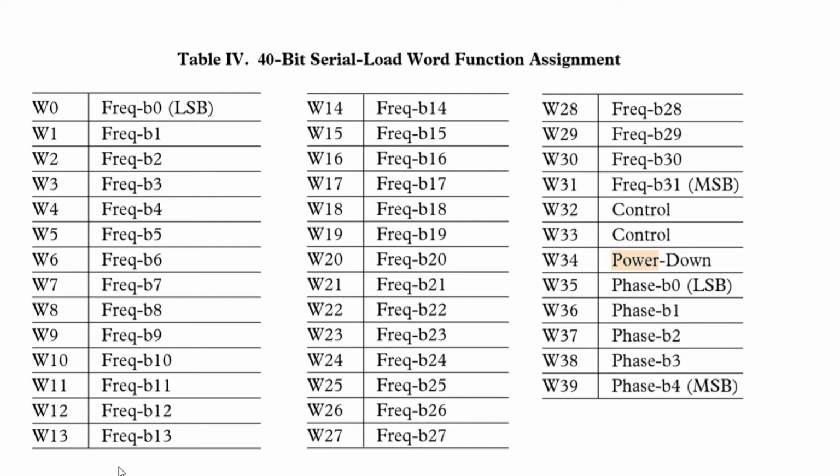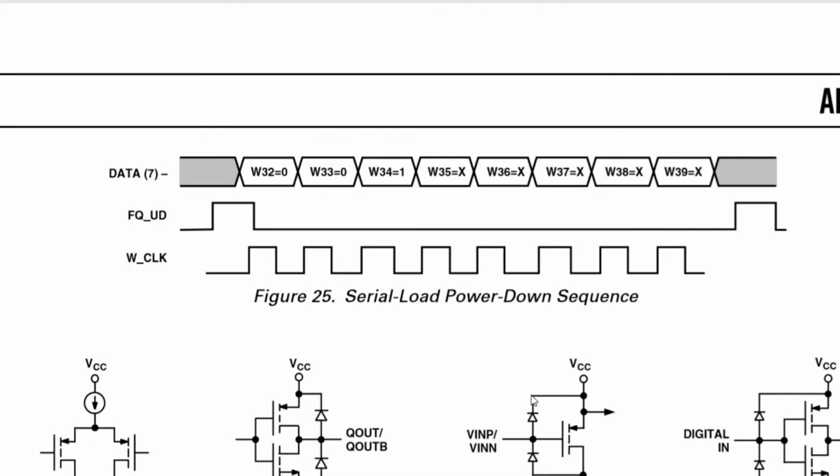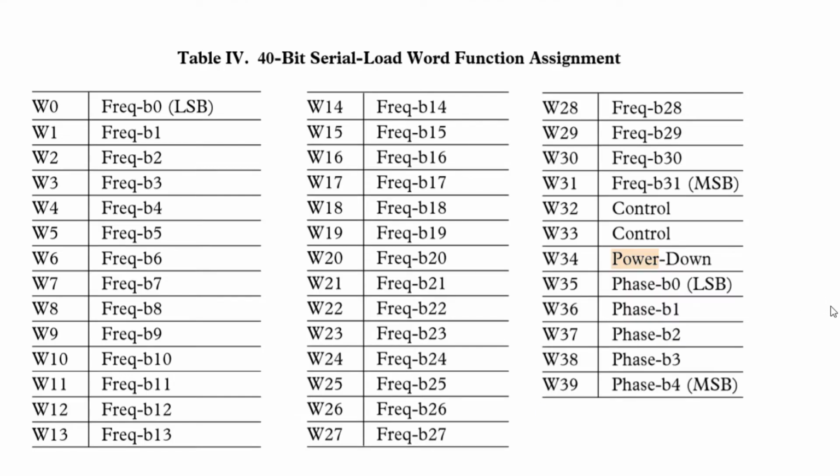So our interest is to write these 32 bits and this control word so that we can control the frequency of the module. So we are going to program this module in serial mode and write these 32 bits and the 8 bits over here.